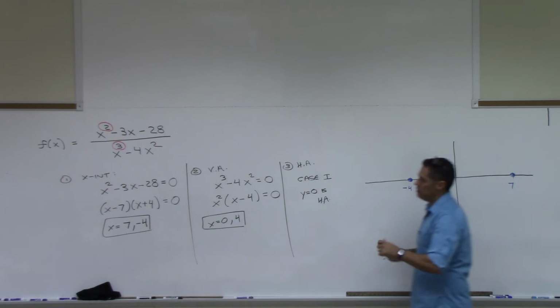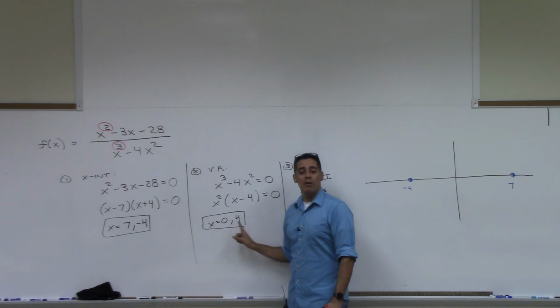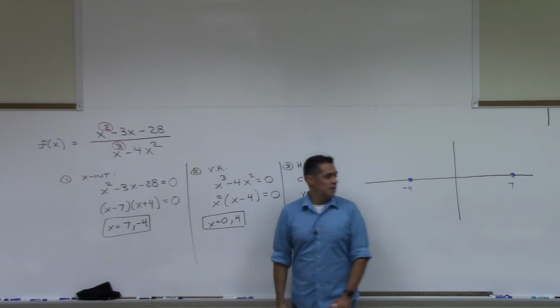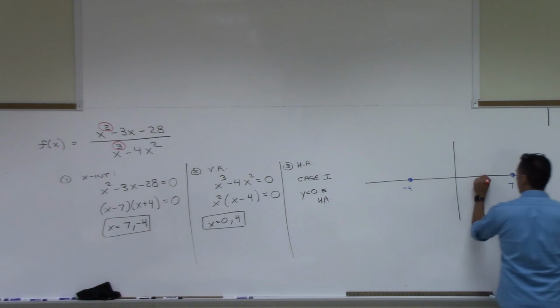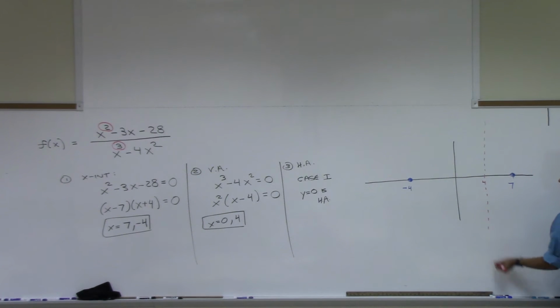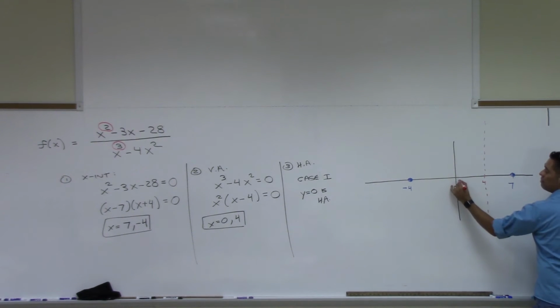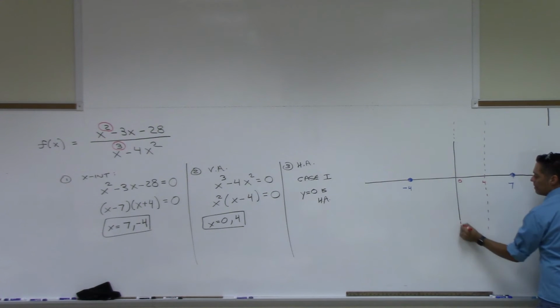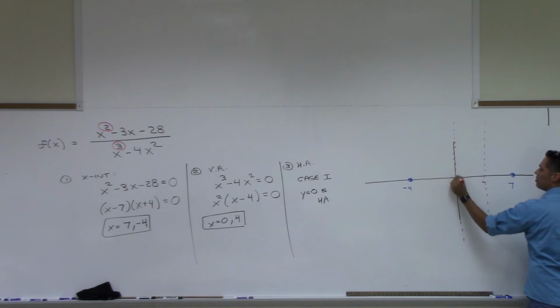Verticals, 2 of them, at 0 and 4. Okay, so here's 4. I'm going to put a vertical barrier there. And then also at 0, which again is that y-axis, so just draw some little dashes through it.